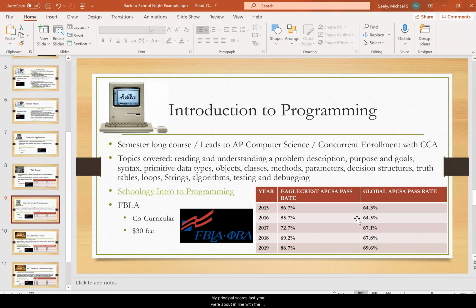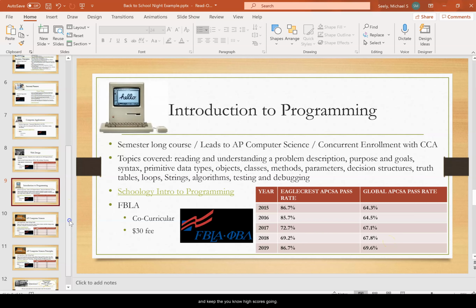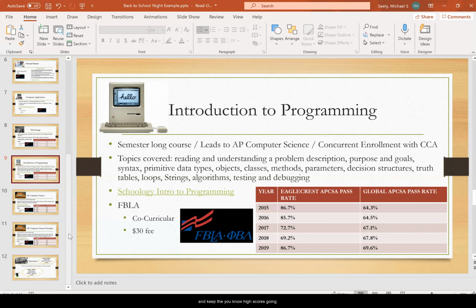My AP Computer Science Principles scores last year were about in line with the state average. The COVID situation has been hard on this, but I just hope everything goes back to normal this year, so we can keep the high scores going.